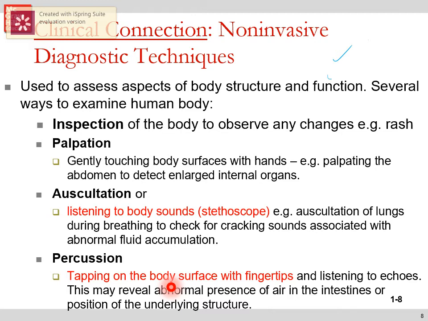Like when you tap a book, it gives a dull noise. But when you tap an empty shell, it's going to resonate, right? So those are two examples of percussions that I can think of right now. So these are some general non-invasive techniques that a clinician performs to examine the human body.